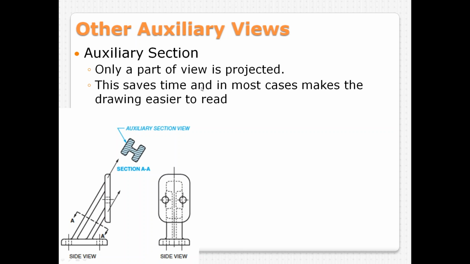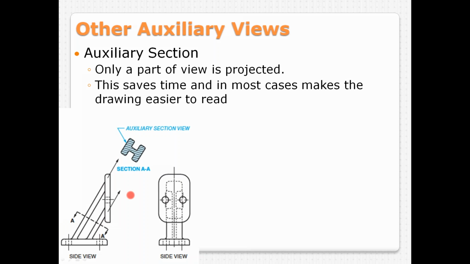This is another auxiliary view. Call it an auxiliary section, and only a part of the view is projected. This saves time and in most cases makes the drawing easy to read. Same thing, you're going to project this.